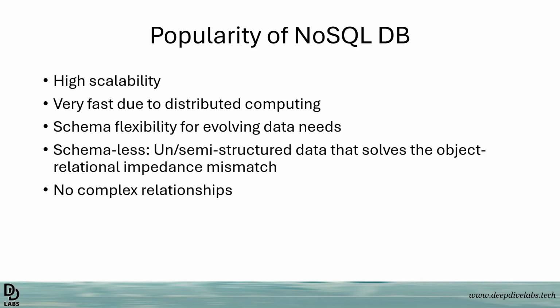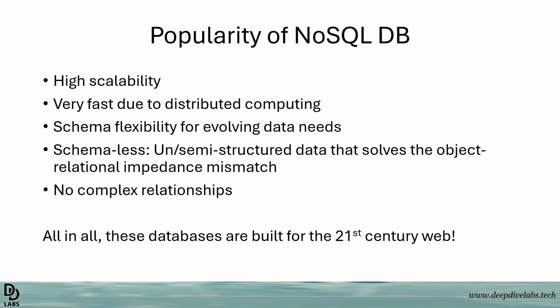So finally, one thing to remember is that NoSQL databases are not meant as a replacement for relational databases. NoSQL databases involve no complex relationships, right? So there were no joins required, no joins supported in NoSQL databases.